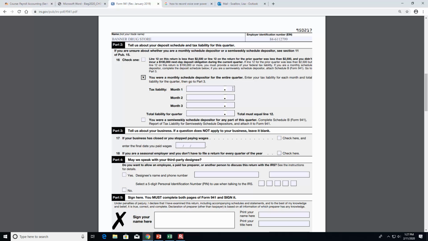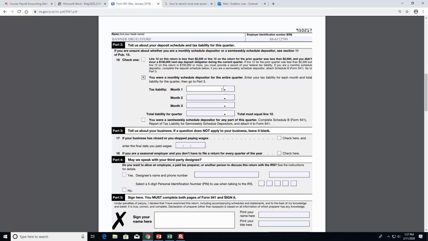Then they're going to check how much you deposited by the 15th of the following month, because you're a monthly depositor. They're going to check what you were supposed to do versus what you actually did.